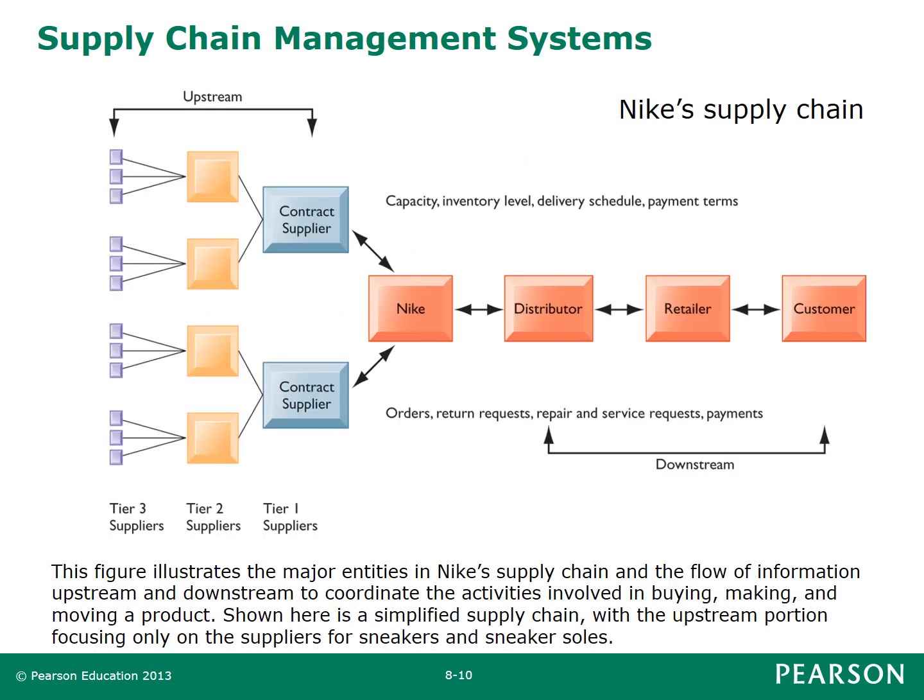This graphic illustrates the major entities in Nike's supply chain. It's divided into two supply streams. Upstream, containing all a layer of suppliers, and downstream in the direction of the customer.